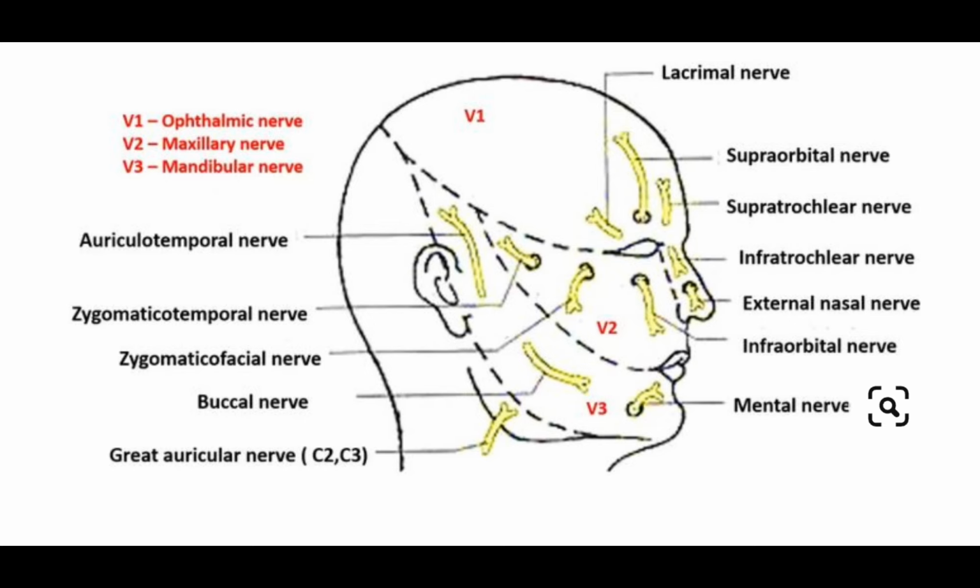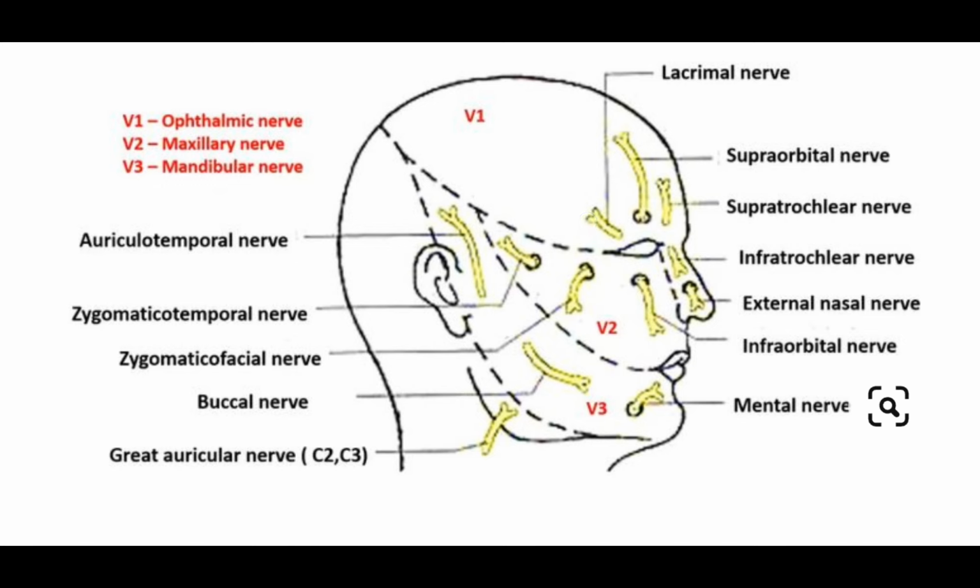Supraorbital is lying lateral, so it will be supplying the anterolateral part of the forehead and scalp, the frontal sinus and the upper eyelid. Then we have the lacrimal branch. The lacrimal branch is a direct branch from the ophthalmic and it will be innervating the lateral part of the superior eyelid and the lacrimal gland. The lacrimal gland, we know, lies in the lateral part.